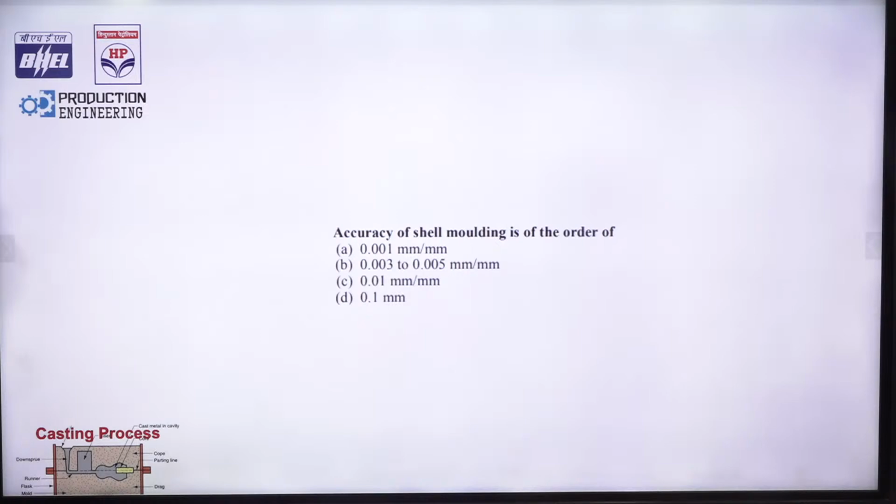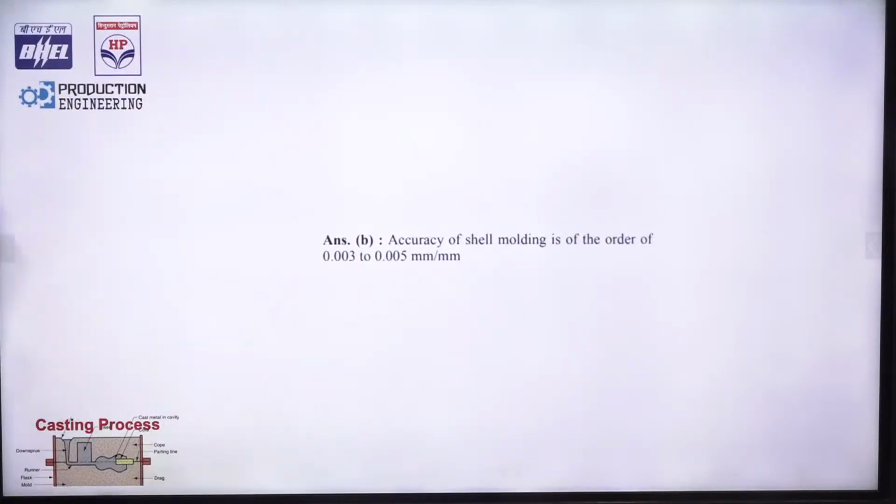Any guess? Just remember it, the question has been asked many times. So remember this: 0.003 to 0.005 millimeter per millimeter. So that is the accuracy of shell molding.